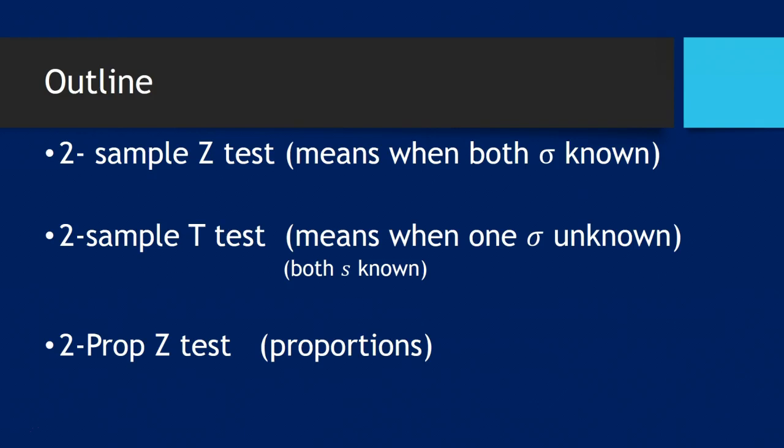Most of the time, we're going to have sample standard deviations. So again, the t-test is slightly more common than the z-test. I said that in the last chapter. But even if I have one group's population standard deviation and one group's sample standard deviation, I still have to use t. All right? And then obviously, we're going to use a two-prop z-test for proportions.